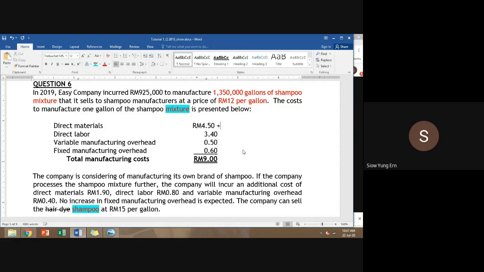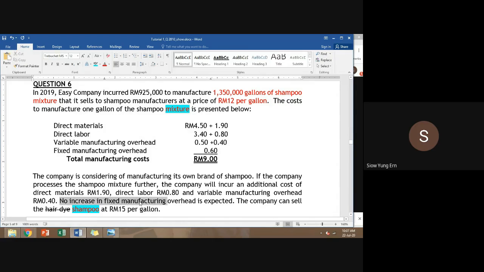So you can straight away add in here 1 ringgit 90 cents. Okay, direct labor is 80 cents. So I straight away add it in 80 cents. Variable MO will increase 40 cents. So I add in 40 cents.